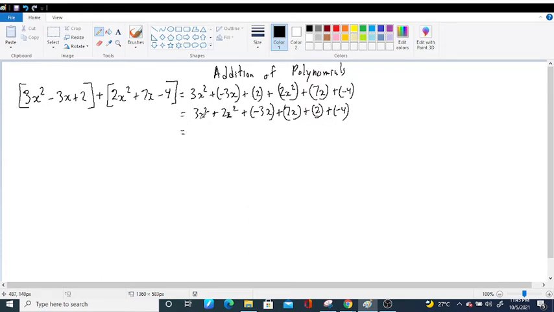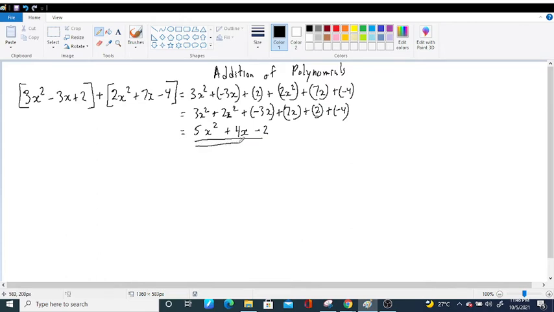These are like terms, so we can just add the coefficients. 3 plus 2 gives us 5x squared. Since we are adding two like terms with different signs, we keep the sign of the largest absolute value, which is positive, and subtract the smallest absolute value from the largest, which is 7 minus 3, giving 4x. Then 2 plus the negative 4 gives us negative 2, and that's our solution.